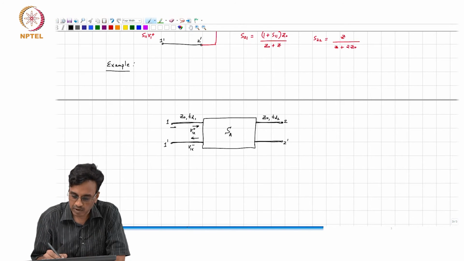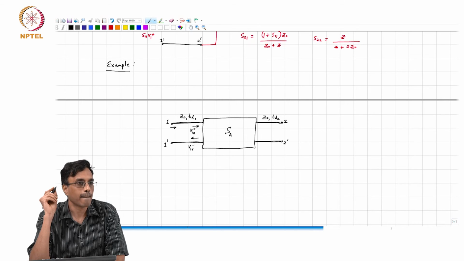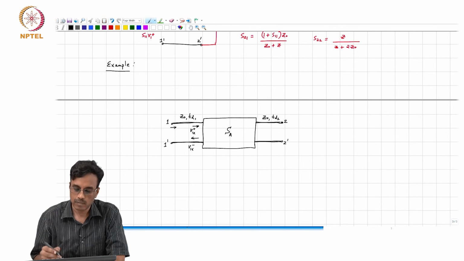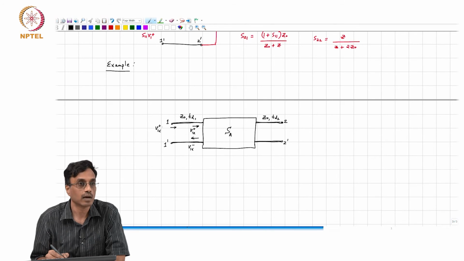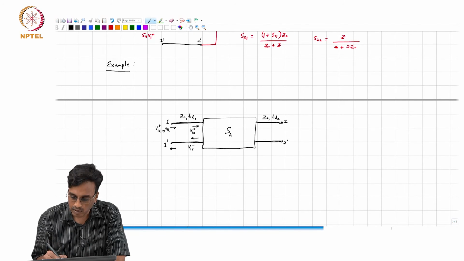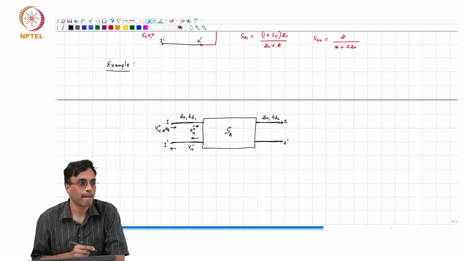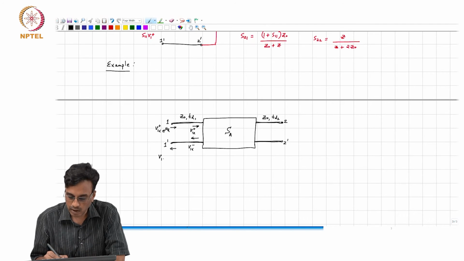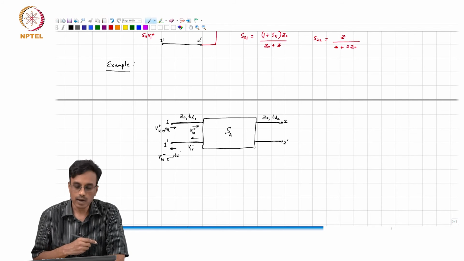and what must this therefore be? V1x plus times e to the power s times Td, and what comes back, the reflected wave here is V1x minus times e to the minus s times Td. Okay.